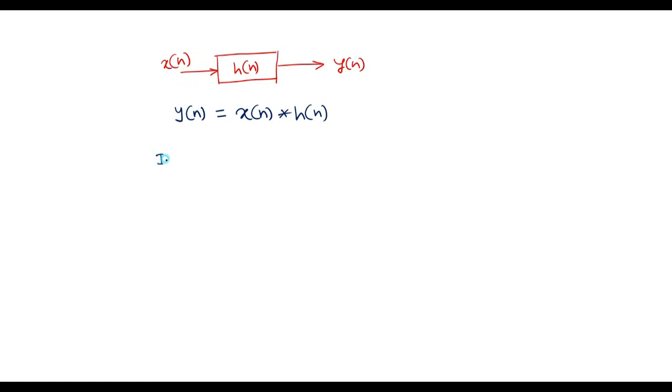That is, if the input signal is the unit step signal, that is, we can say here the input is x of n, let x of n be the unit step signal, that is u of n.